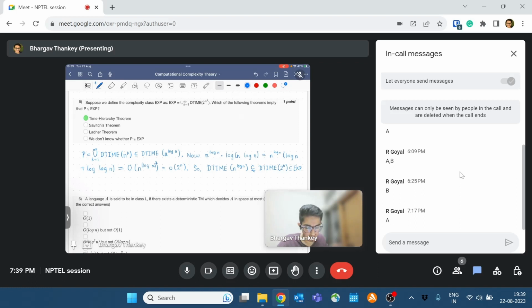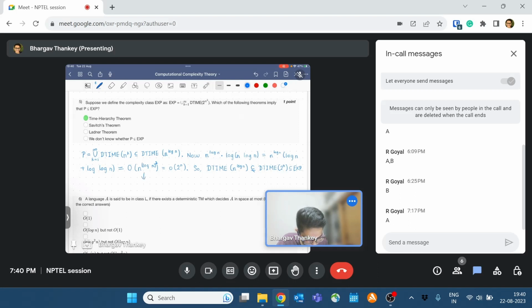In fact, I'm approximating, and this is a very liberal approximation. The claim is this is small o of 2 to the n. Why? Because again, you can just take the limit. What is this?